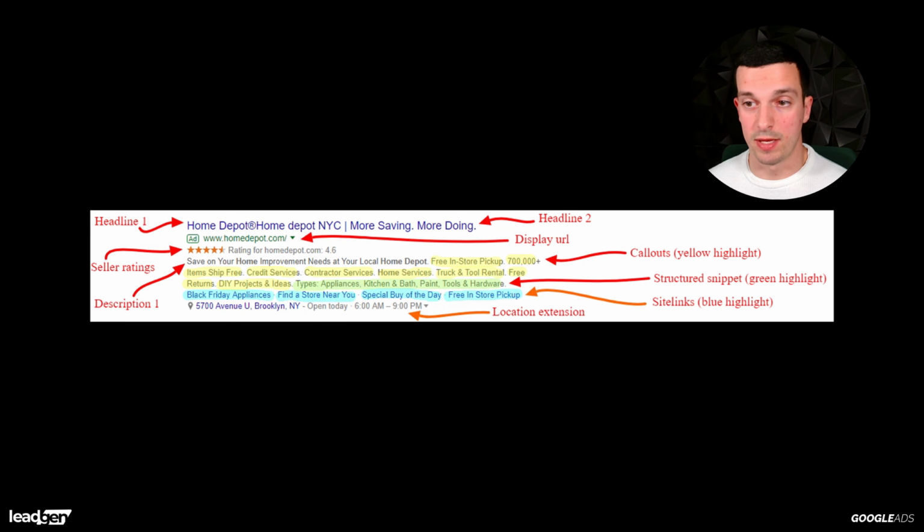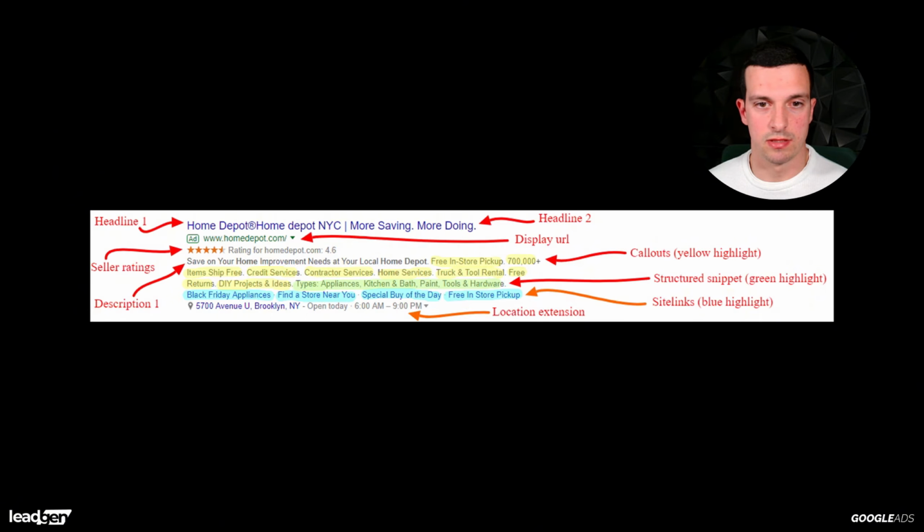So this is how it looks. It's a bit messy, but let's go one by one. On top you have the headline. Usually it pulls 2 headlines. If you're running ads a long time and you're successful and you have great ratings, then you might sometimes have 3 headlines showing. Display URL, then seller ratings. In this case, that's just an extension.